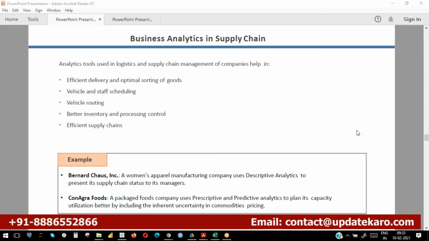So predicting the right or approximate quantities of each of these things, like the number of vehicles, the number of staff, vehicle routing, the inventory and stock of material that we need to maintain, all these things come in business analytics in supply chain.